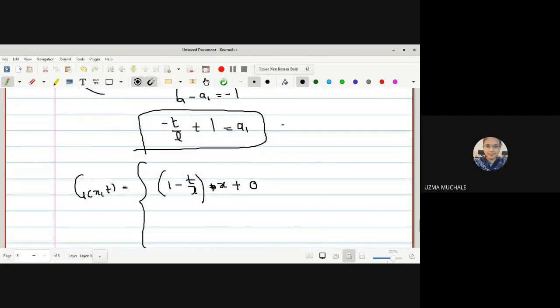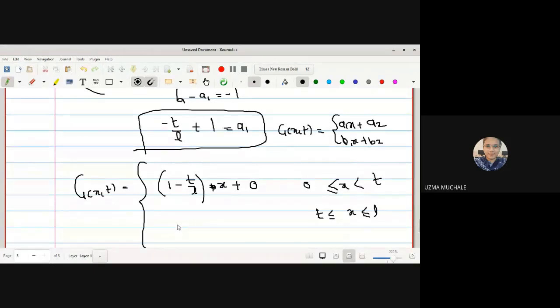Or if you are confused, let me write down g of x,t once again here. This is A1x plus A2 in the provided interval, and B1x plus B2 in another interval. It is in the interval 0 to t, and here it is in the interval t to L. And what are the answers?